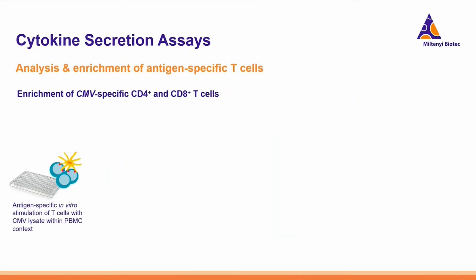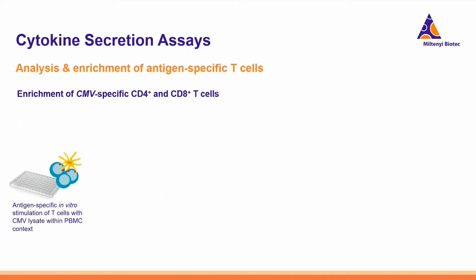Also in our second example, the cytokine secretion assays detection and enrichment kits work very efficiently to enrich virus-specific T cells based on their cytokine secretion. Here, PBMCs of a CMV positive donor were stimulated for 4 hours with CMV lysate.